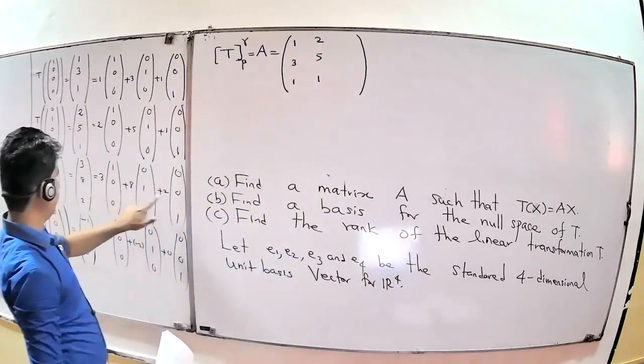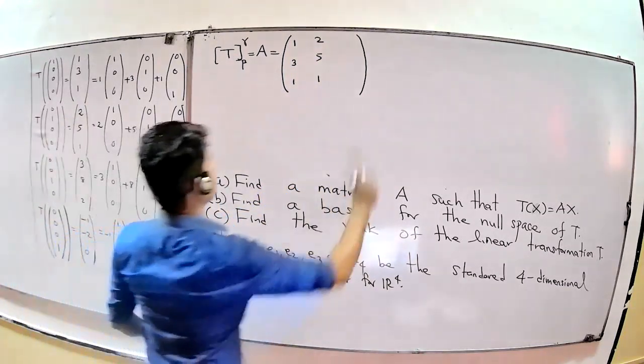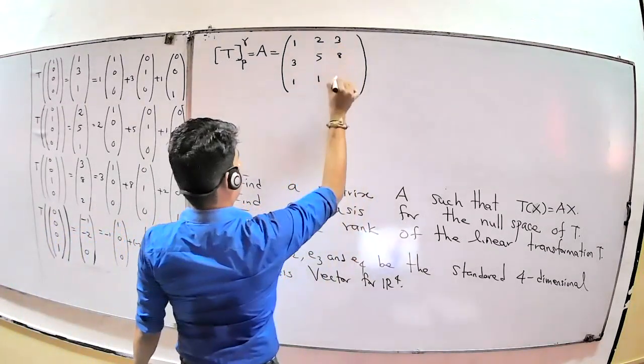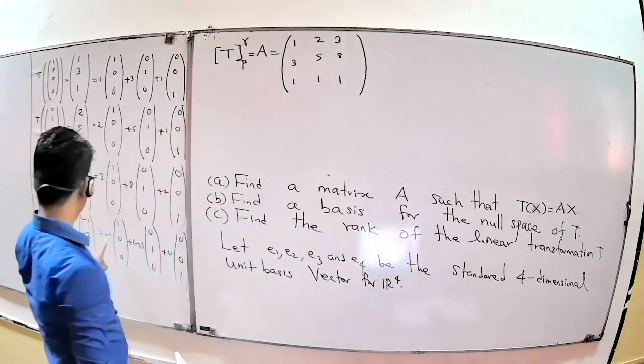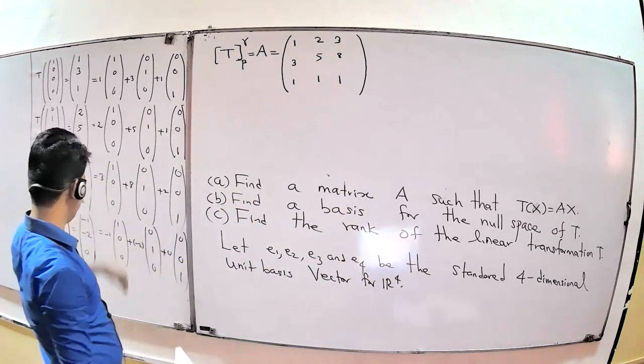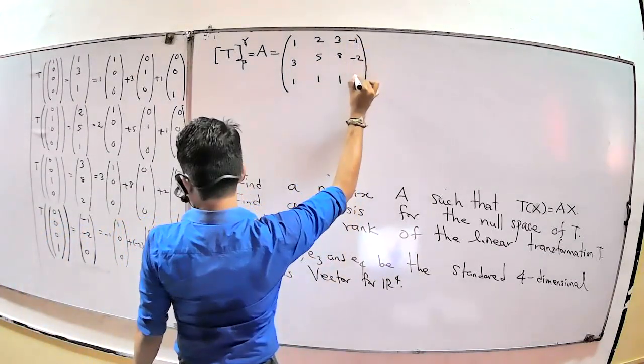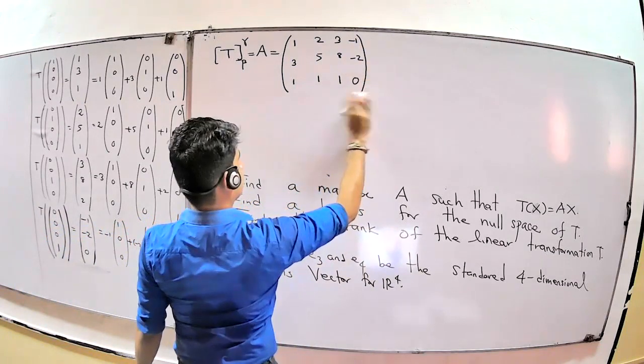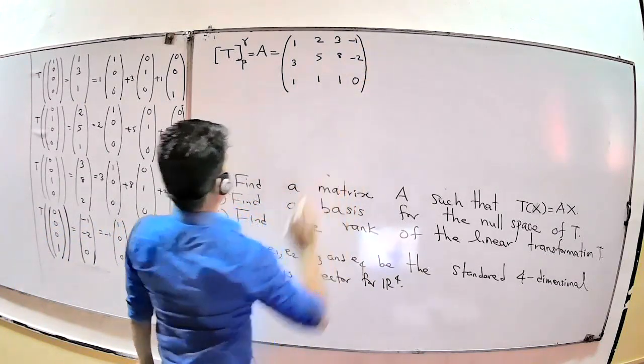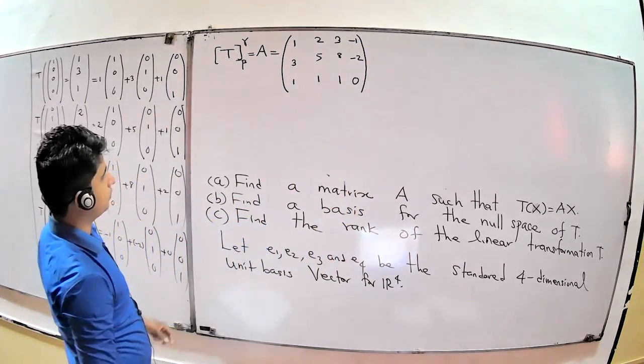Here 3 8 1, you write column-wise 3 8 1. Here -1 -2 0, you write column-wise -1 -2 0. It is the representation matrix, right?